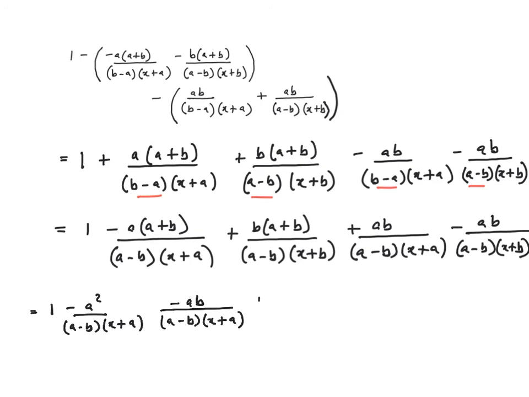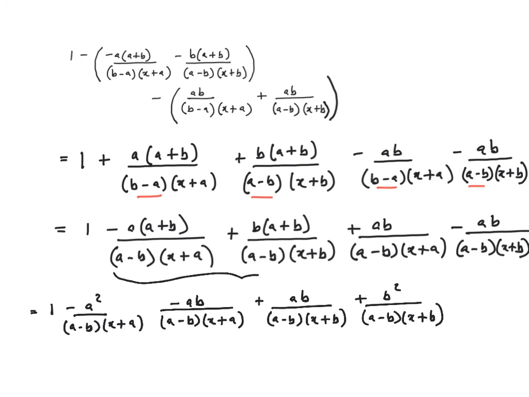I'm just expanding the brackets on the top. So it's ab over a minus b now, so that's these two terms here, and this term of course.